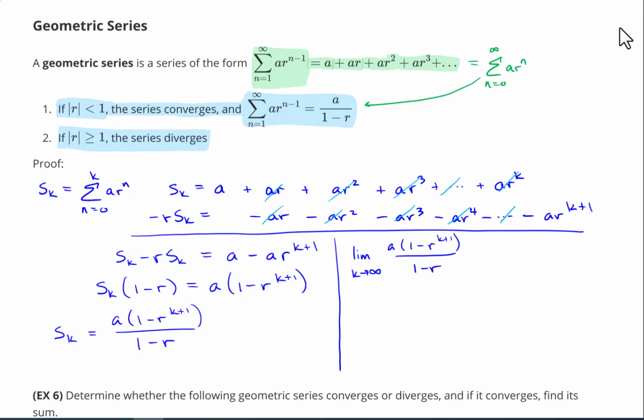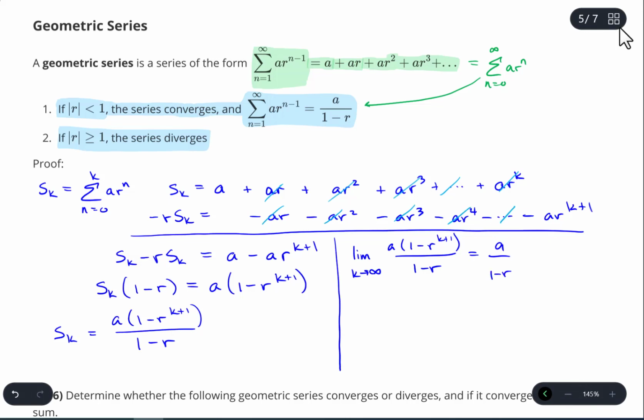And the constant a and the 1 minus r would be a multiplier, which I could pull out, not r minus 1, sorry, 1 minus r. And then that's times the limit as k goes to infinity of just what's left, the 1 minus r to the k plus 1.